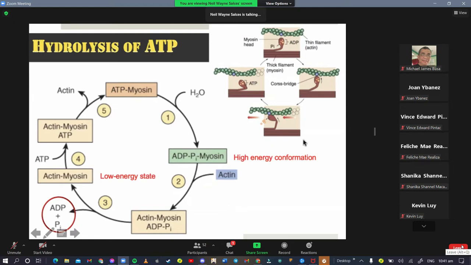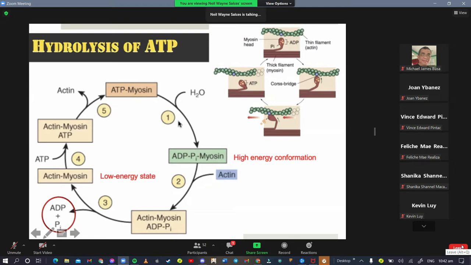And when you have this, your actin myosin ATP has low affinity for your actin. So what happens is that your actin is released, and this is your last step, which is the key component in the relaxation of your muscle.